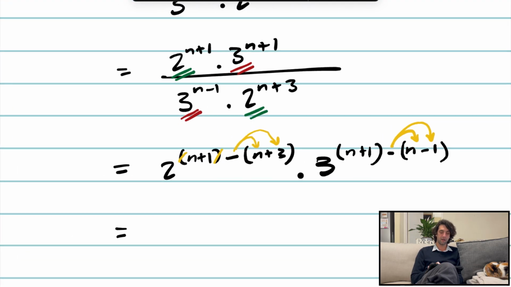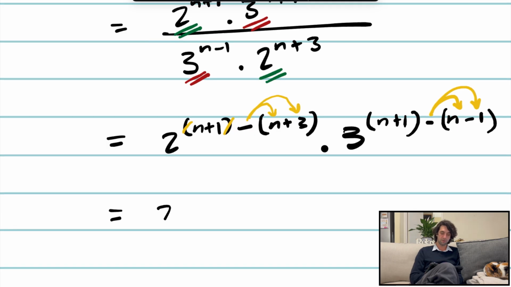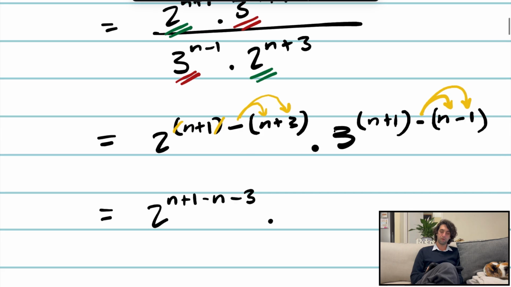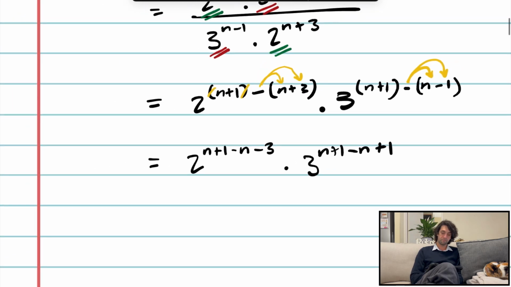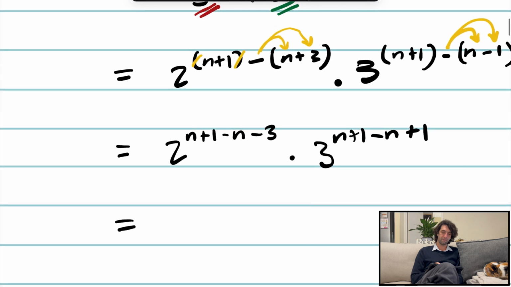Very, very common mistake. Arguably one of the most common mistakes. So this ends up being n plus 1 minus n minus 3 multiplied by 3 to the power of n plus 1 minus n plus 1. Okay, and now we can simplify one step further.